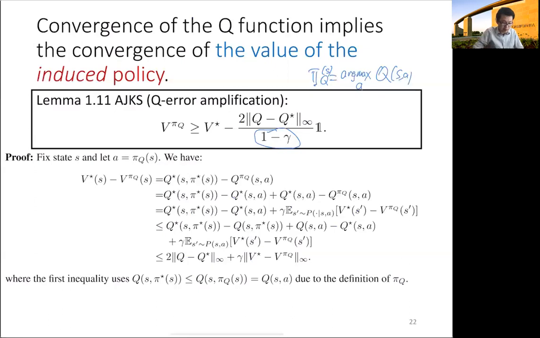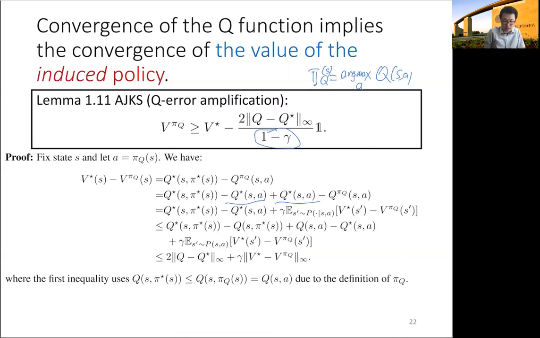I'm going to skip this proof. You should read it. It's pretty straightforward. Basically adding or removing terms and then bounding each part separately using the L infinity norm bound, and the entire argument would just follow through.